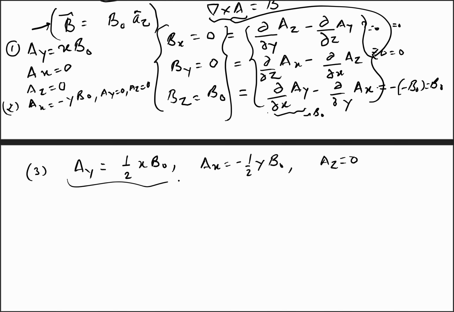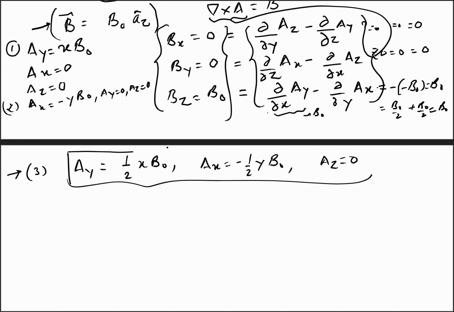Again, we can verify that this will be equal to 0, this will also be equal to 0, and this will give us B naught by 2 plus B naught by 2, which is equal to B naught. Again, this is also fulfilling our requirement. But this choice of A has a peculiar quality. Let us see what it is.